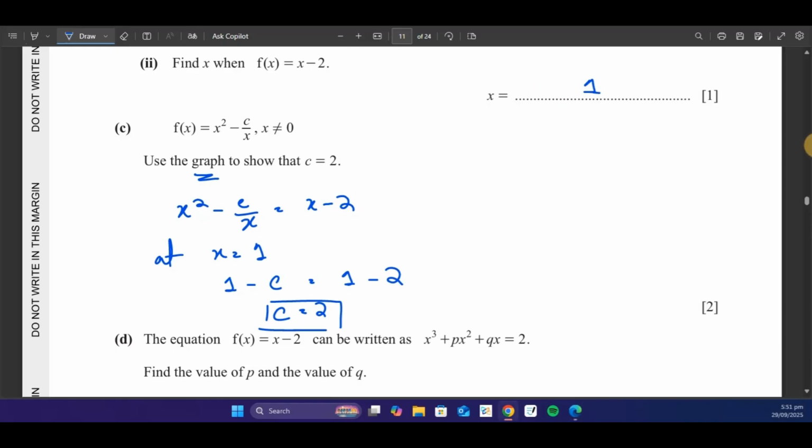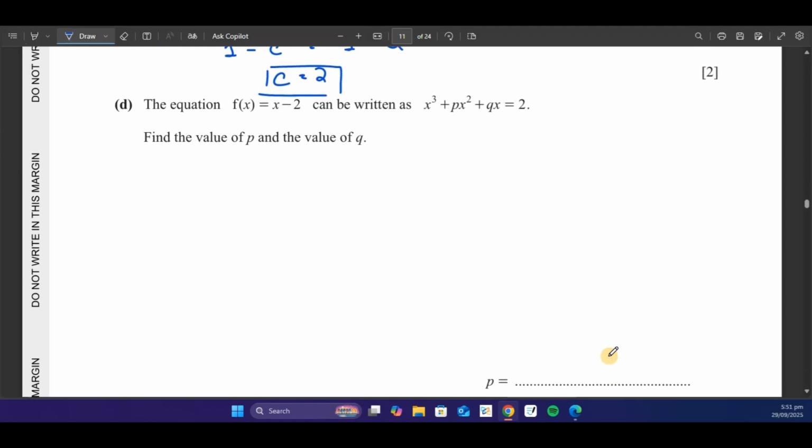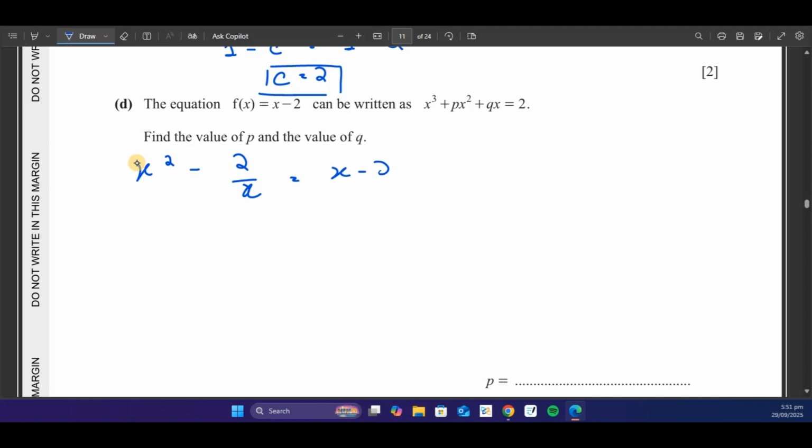So that would simply mean that c is equal to 2. Alright. The equation f(x) equals x minus 2 can be written as x cubed plus px squared plus qx plus 2. Find the value of p and the value of q. This is a pretty simple, straightforward question. So we're just gonna start solving this equation. x squared minus 2 over x is equal to x minus 2.